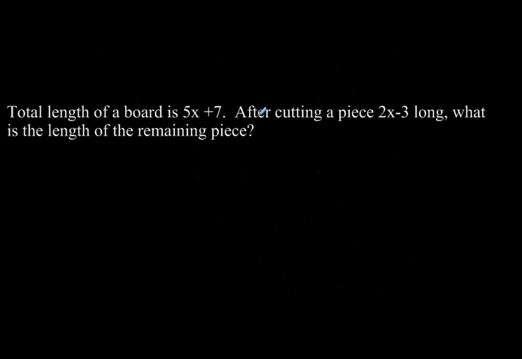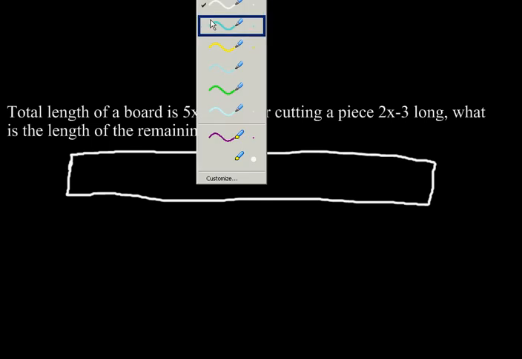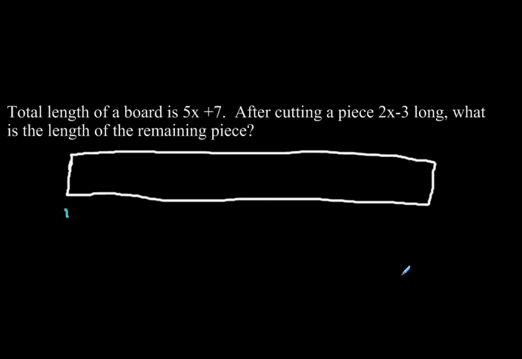The total length of a board is 5x plus 7. After cutting a piece 2x minus 3 long, what is the length of the remaining piece? I always like to draw a picture. Even though my lines are not straight, you can visualize this being a piece of board. The entire length from here to here is 5x plus 7.